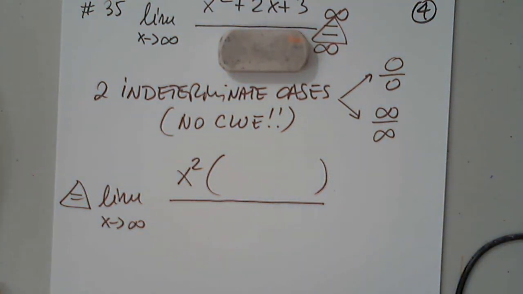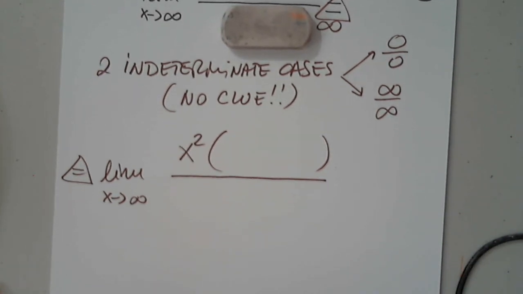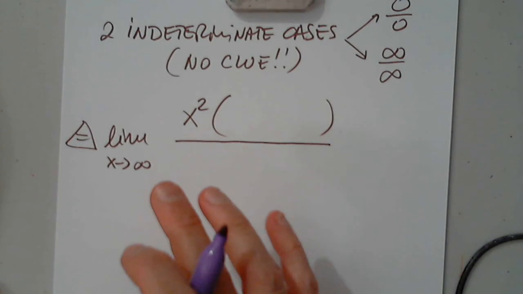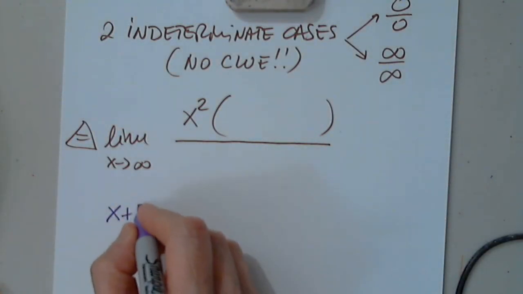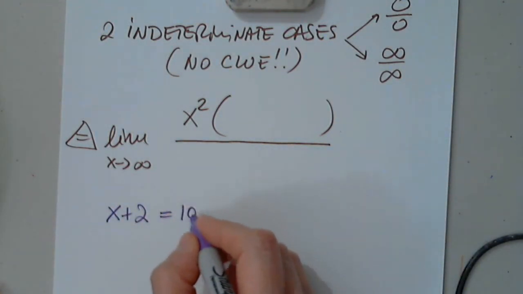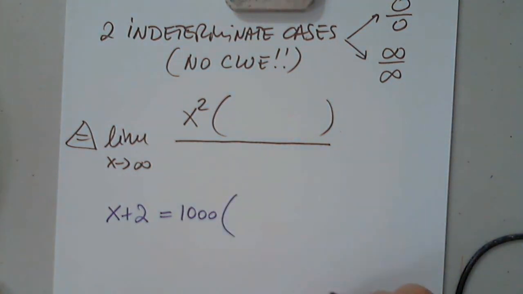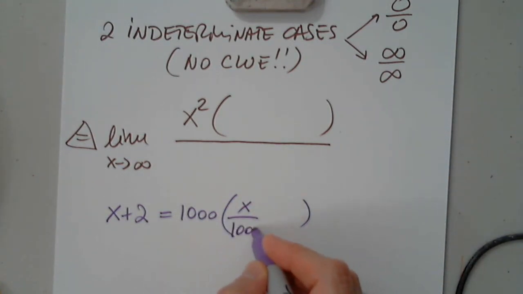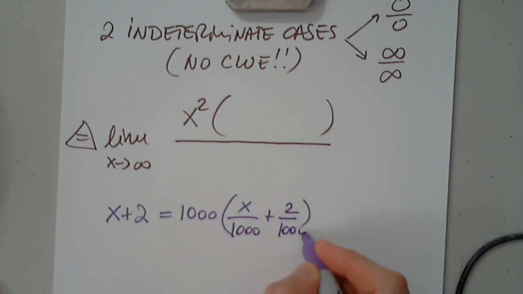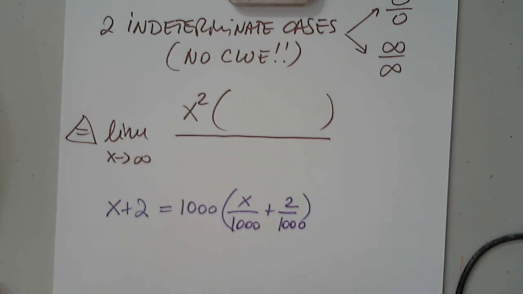And you can say you cannot. And initially I will say you're right. But then I'll show you that we can factor out anything from anything. Let's say I have x plus 2, and I want to factor out 1,000. And you can say, it's not possible. How can you factor out 1,000 from x plus 2? Very simple. I can, as long as this quantity times 1,000 is this. I can factor out anything I want.